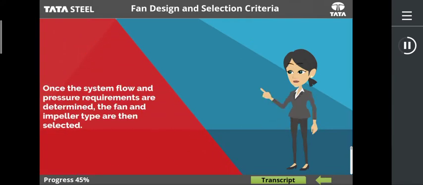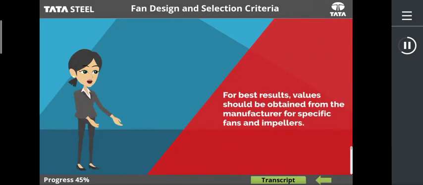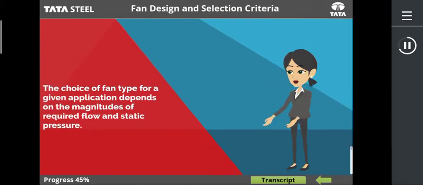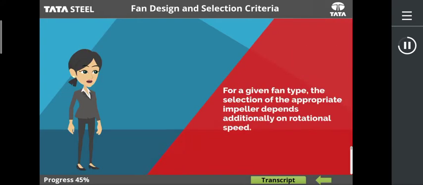Once the system flow and pressure requirements are determined, the fan and impeller type are then selected. For best results, values should be obtained from the manufacturer for specific fans and impellers. The choice of fan type for a given application depends on the magnitudes of required flow and static pressure.